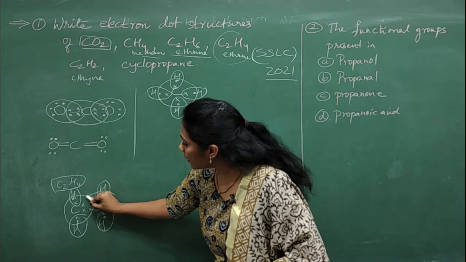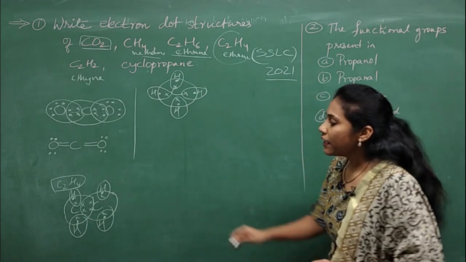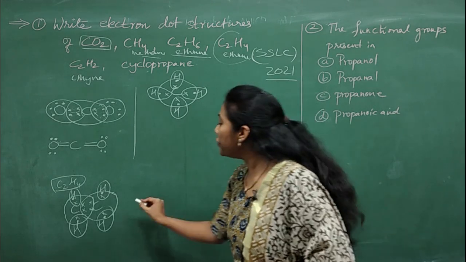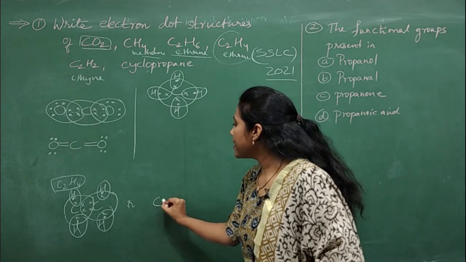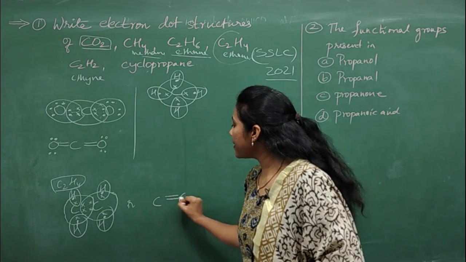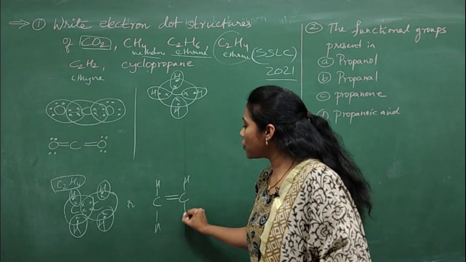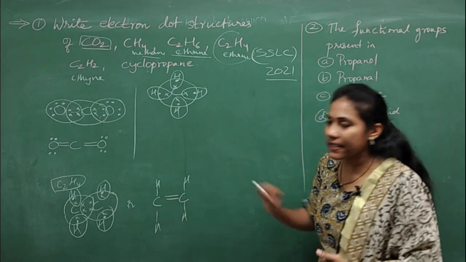So all these electrons consider and show a big circle for this carbon. Right? So this is the electron dot structure for ethane. Or you can also write its structure, electron dot structure, as C single bond C with H H H H. It's the normal structure, right? So this one can be written as this also.